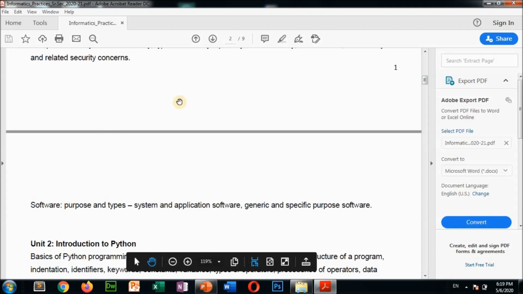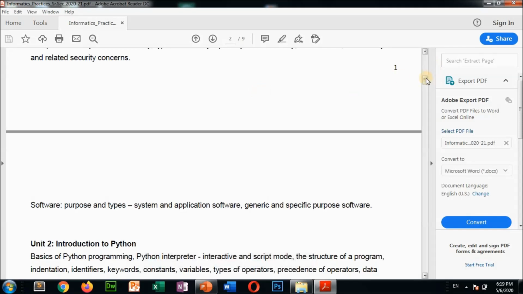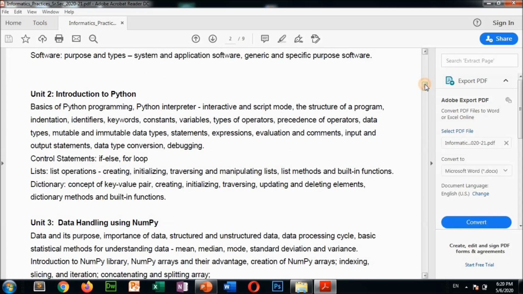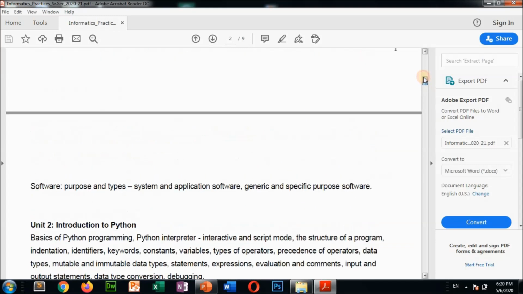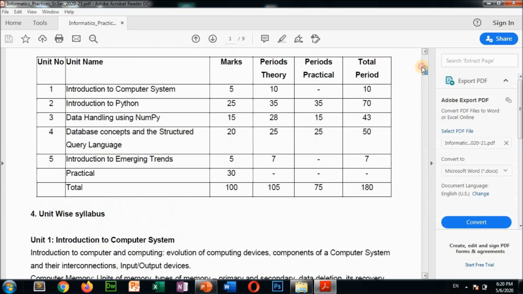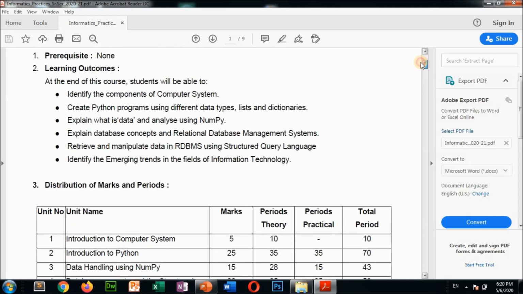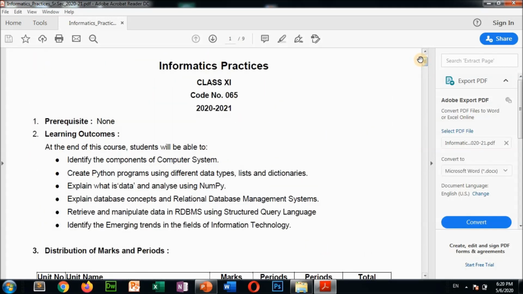These topics are there. I have prepared one presentation for you to discuss these topics. After it we will start the next topic, that is Python, the programming language. The Informatics Practices subject is for programming purpose. There you will learn one programming language, that is Python.